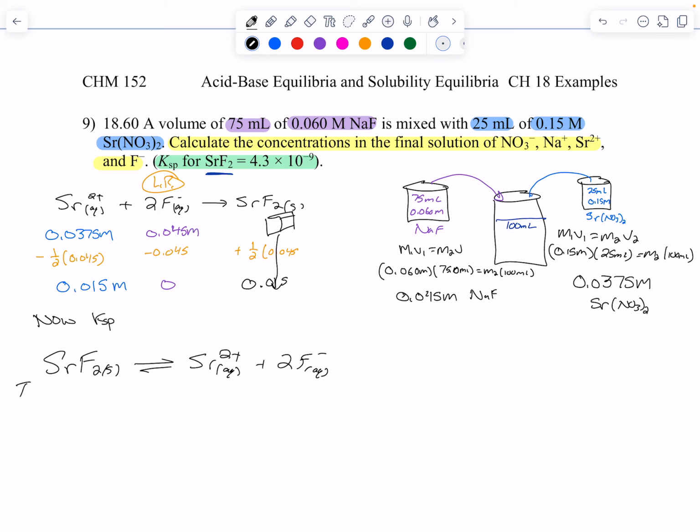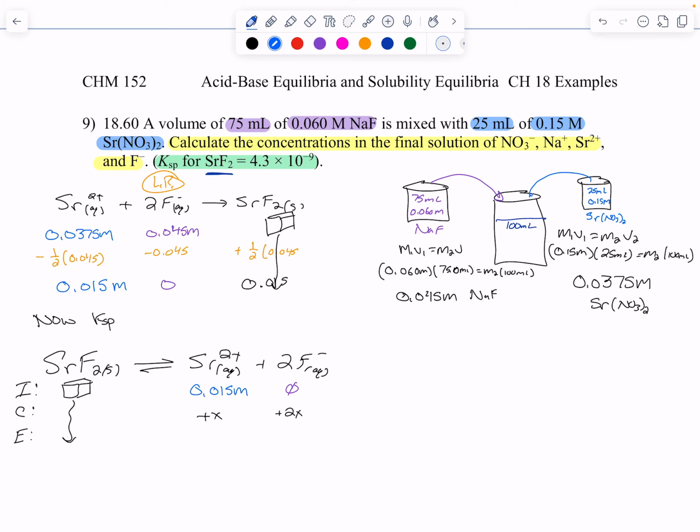Now with this in our ICE table, we got a little bit different this time. All right, initially, we're going to have 0.015 molar, nothing, plus x, plus 2x.